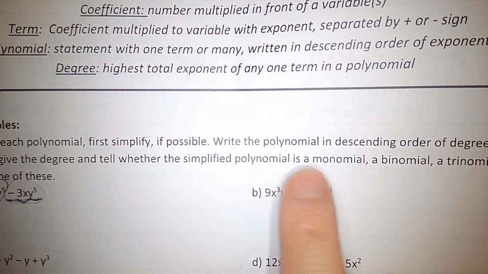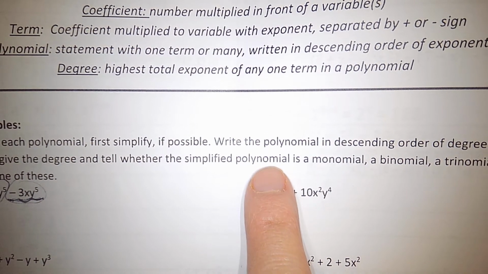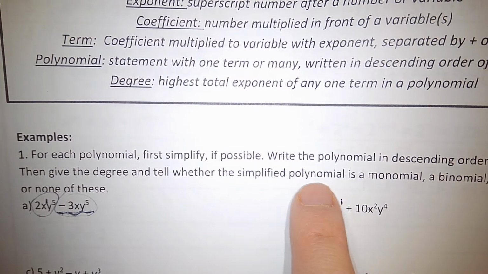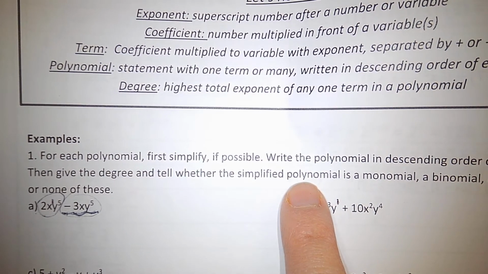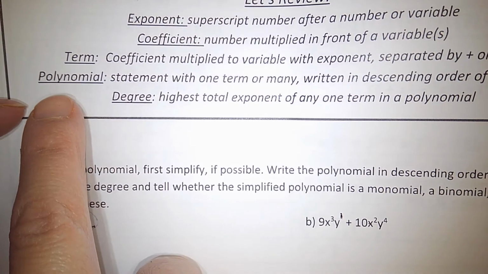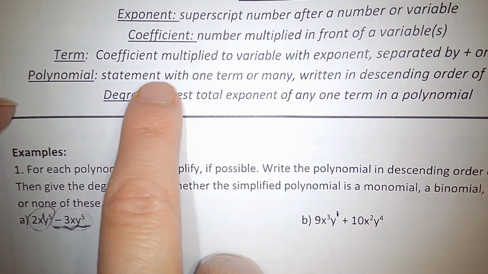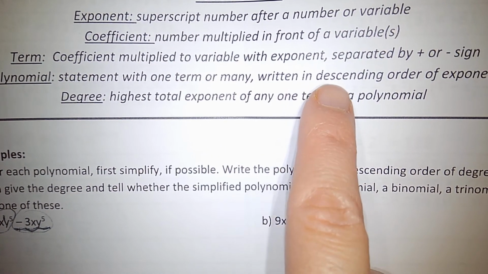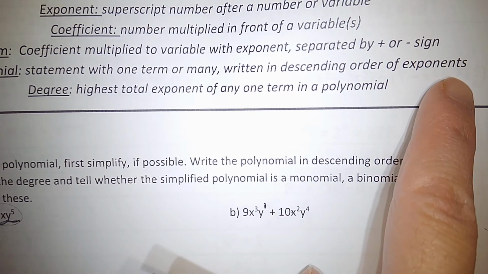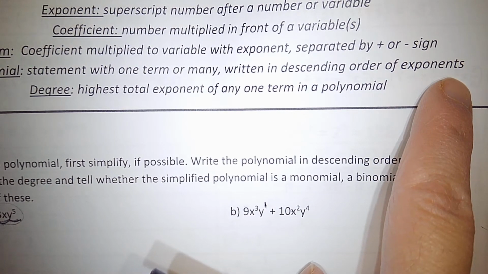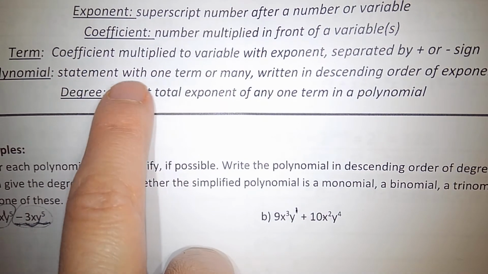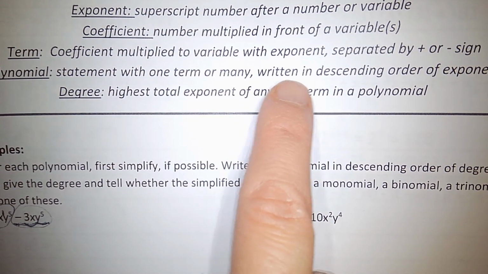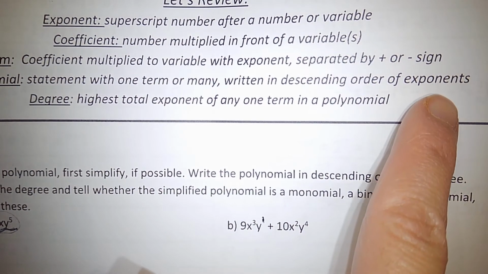Trinomial. If a polynomial has more than 3 terms, it's just called a polynomial, okay? So a polynomial is an expression with 1 term or many, written in descending order of exponents.